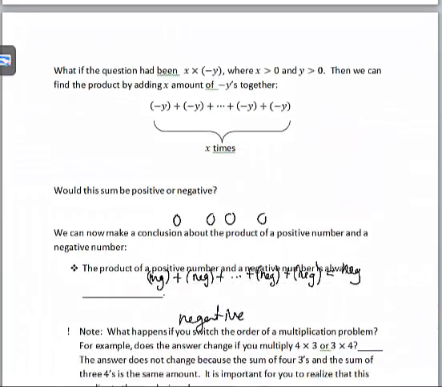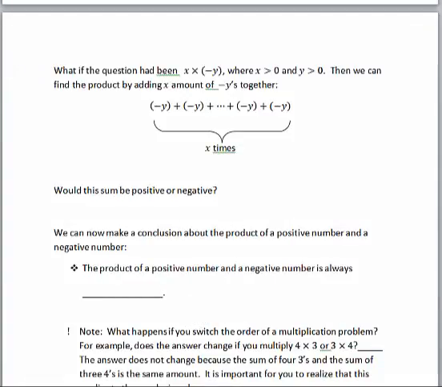Okay, moving along to the next page. All right.